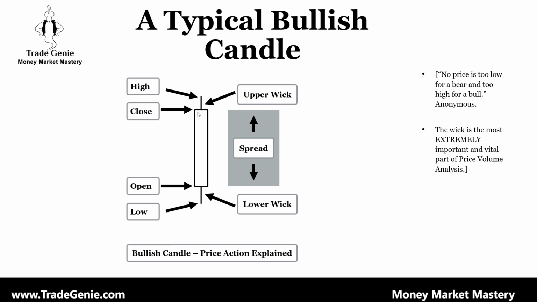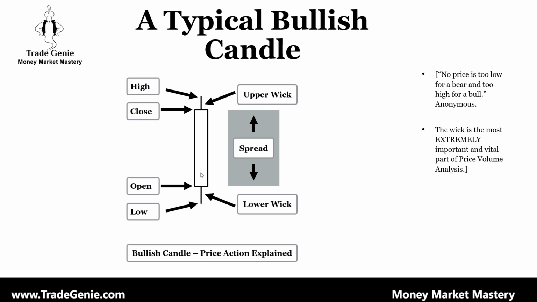So this is the spread. Spread is between the open and the close. So we understand that. And the candle is bullish because the open is lower than the close, or the close is higher than the open. So now we know that this is bullish. Now we don't know the price, right?